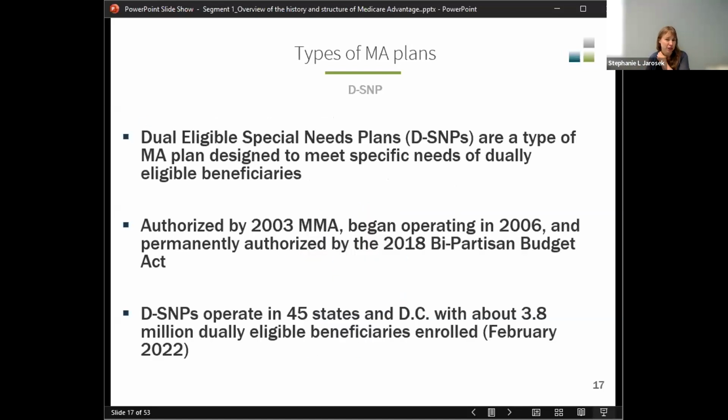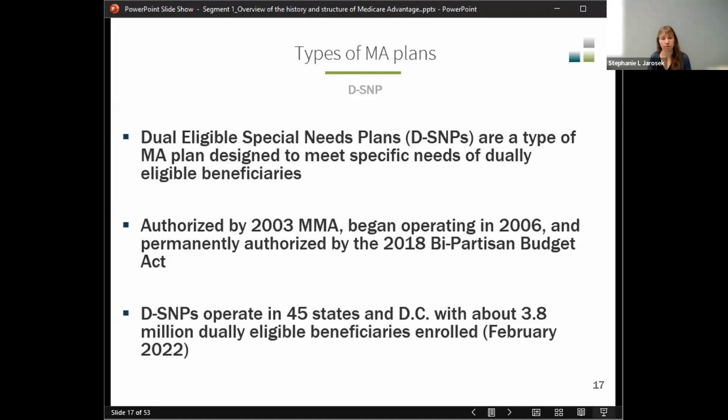There are things called special needs plans. Dual eligible special needs plans are a type of plan to meet the needs of dually eligible beneficiaries. What I mean by dually eligible is that they're eligible for Medicare, because they're elderly or disabled or have a condition that qualifies, and they're also eligible for Medicaid, which is a state-administered program.